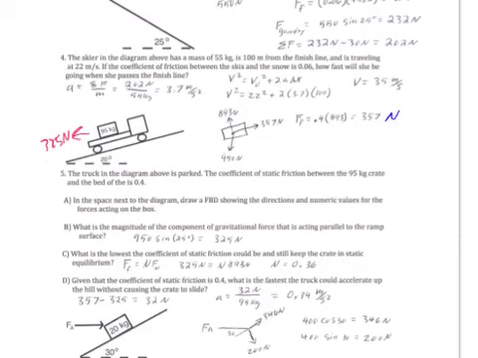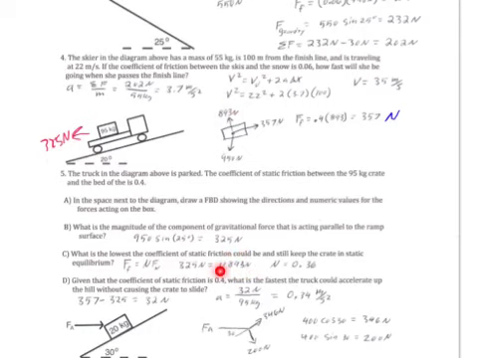Basically, the minimum amount of mu would be found by saying, if we had 325 in this direction as well as 325 this way, that'd be the minimum. So I'm going to take this value here and say, if I had a friction force of 325, what would mu have to be? Well, I know the normal force is 893.